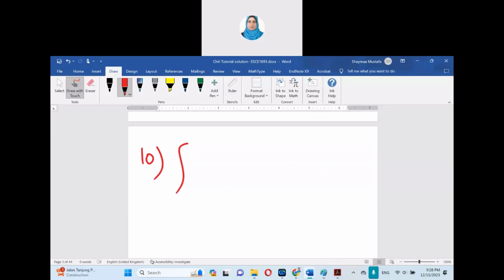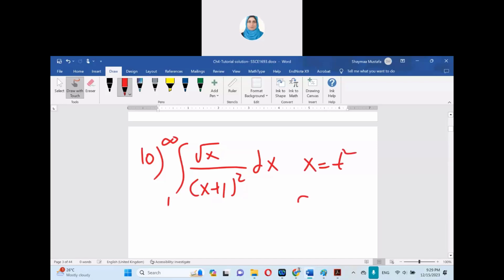You need to integrate from 1 to infinity square root of x over x plus 1 squared dx, by using the substitution that x is equal to t squared. Then dx is 2t dt.